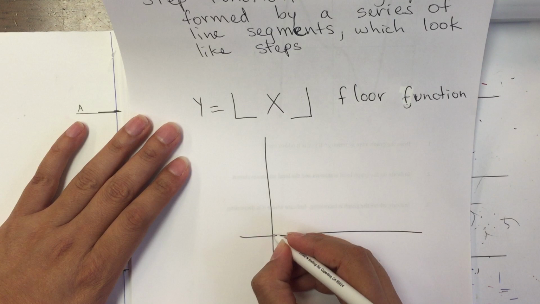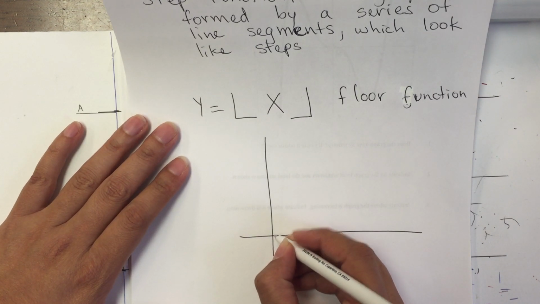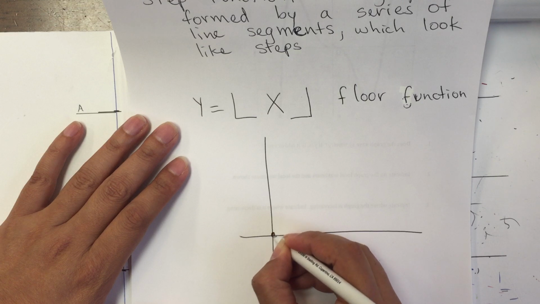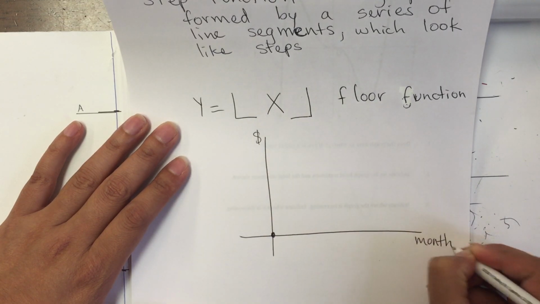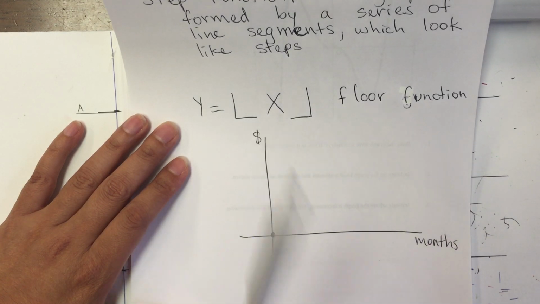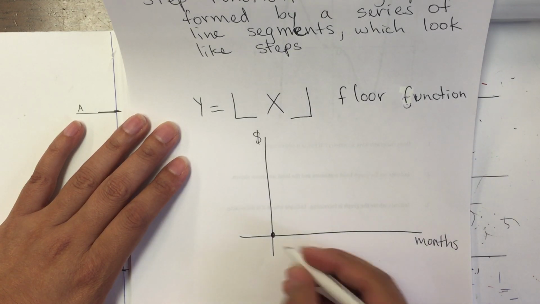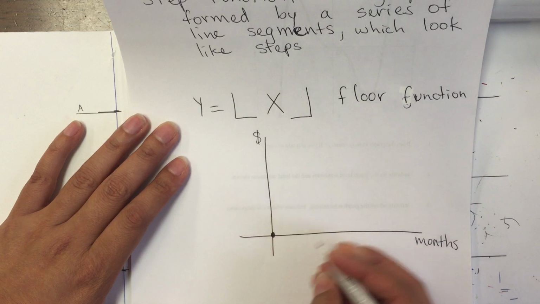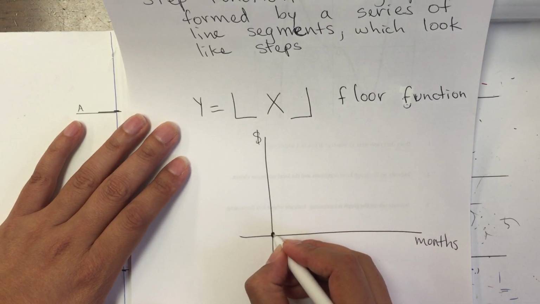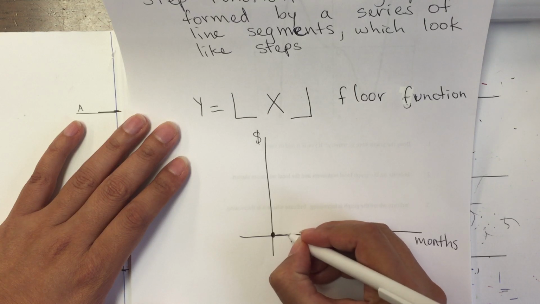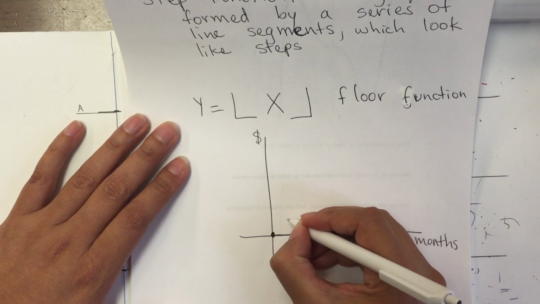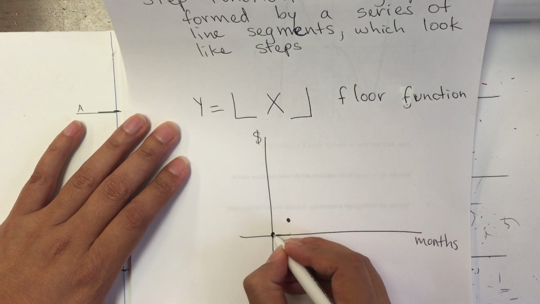Let's say that you're renting an apartment and they say, oh, the first month is going to be free. So for the X is months, for the Y is money that you pay for rent. The first month is going to be free, then you're going to have your first payment.